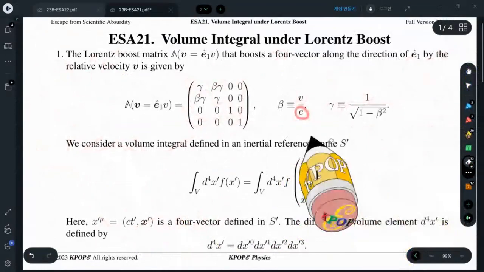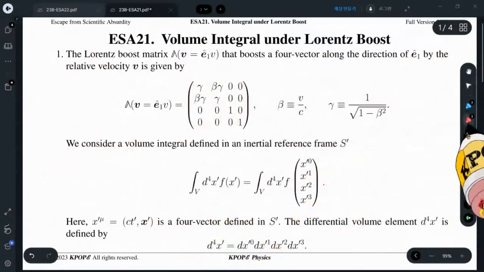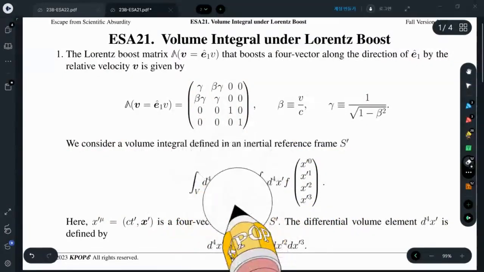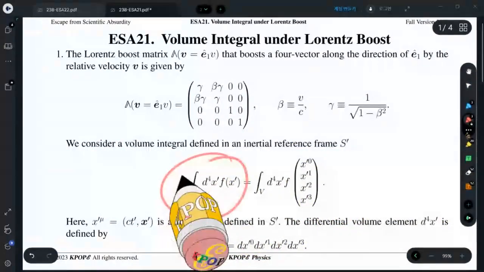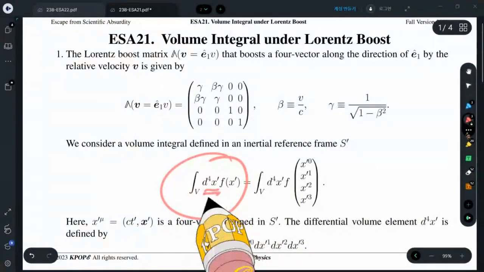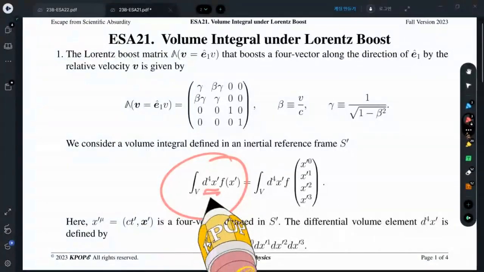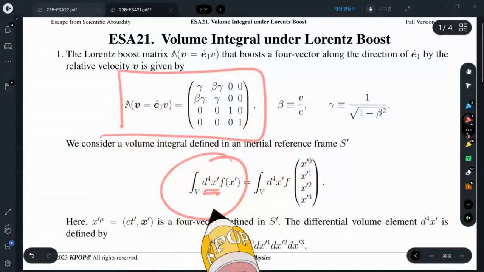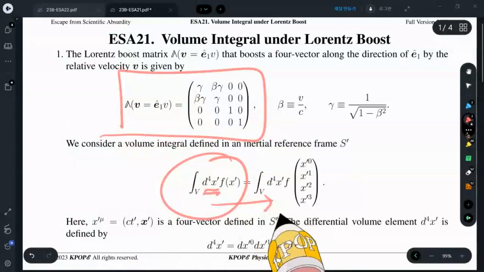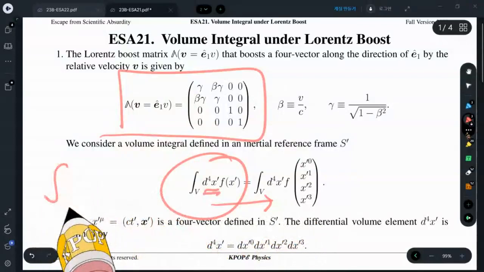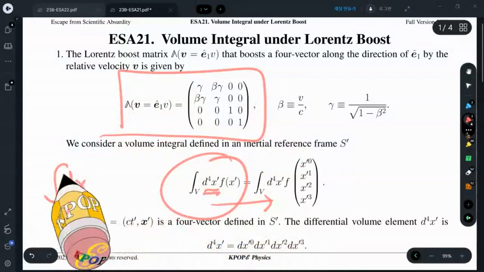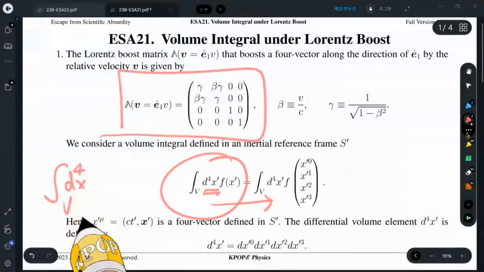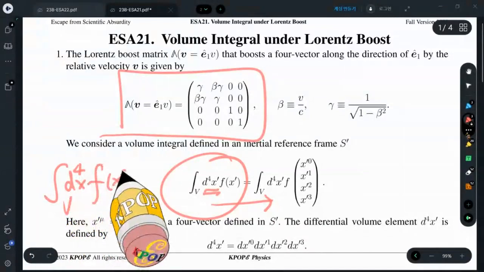What I'd like to study today is the integral over the space-time coordinate. After the Lorentz boost, some integral transforms to another. Before transformation, it should be something like that.